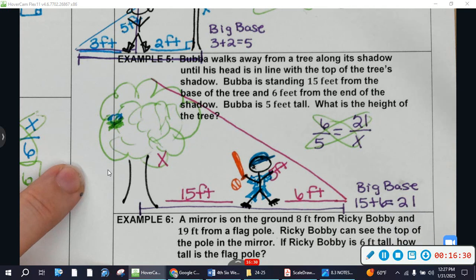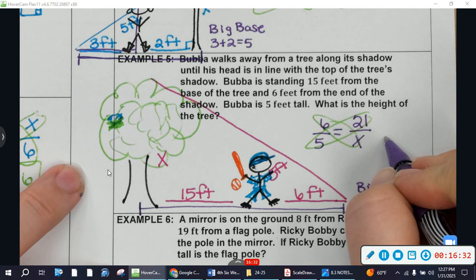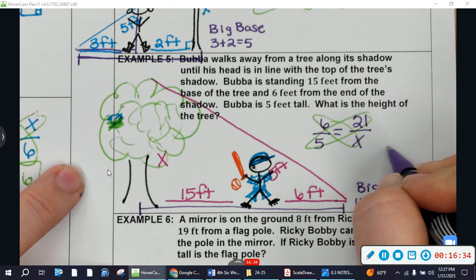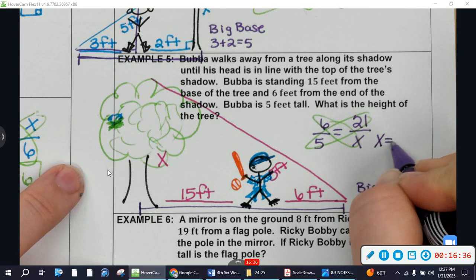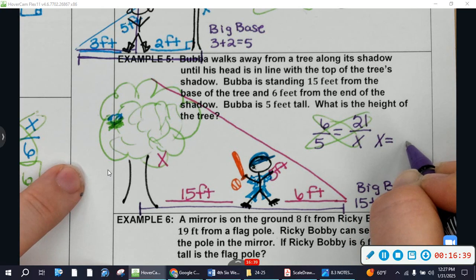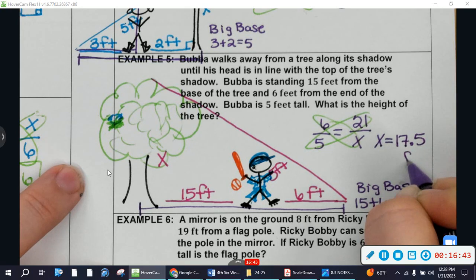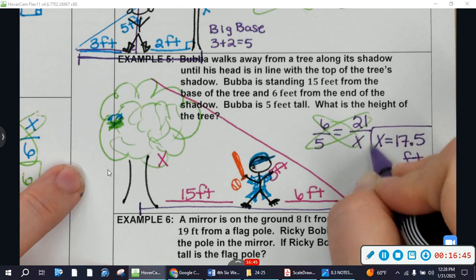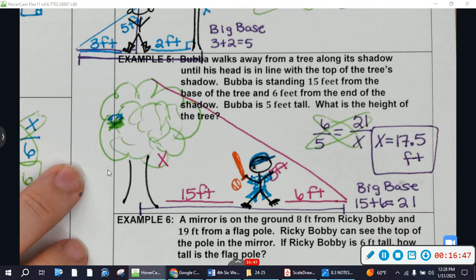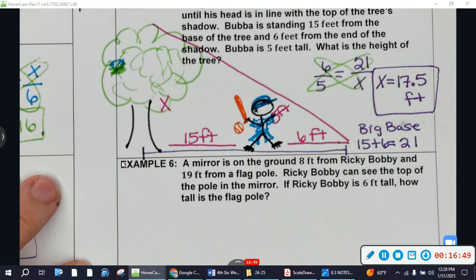Then we cross multiply and divide, do some fancy math. Calculator tells us 17.5, and it's real world, so we need units, which are feet.